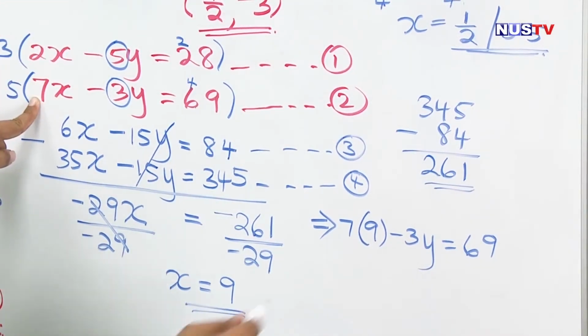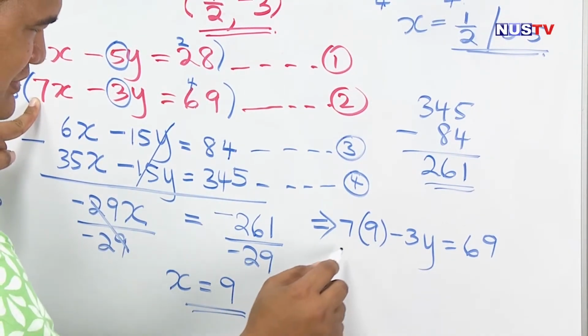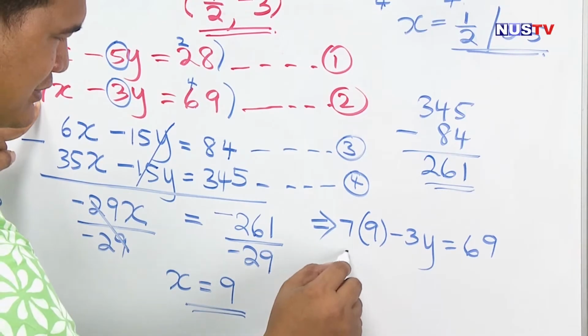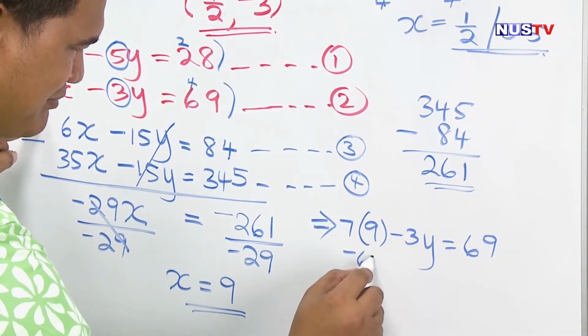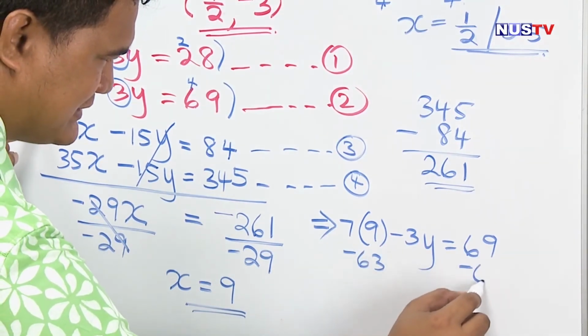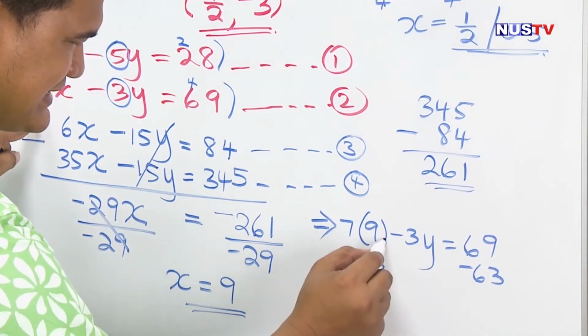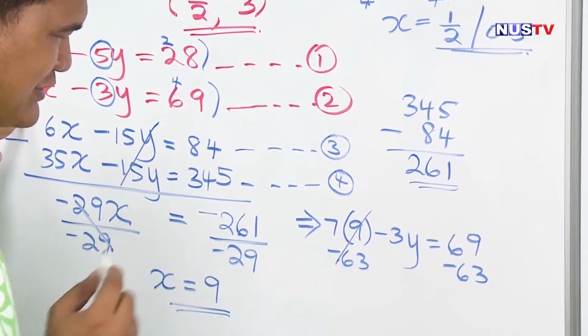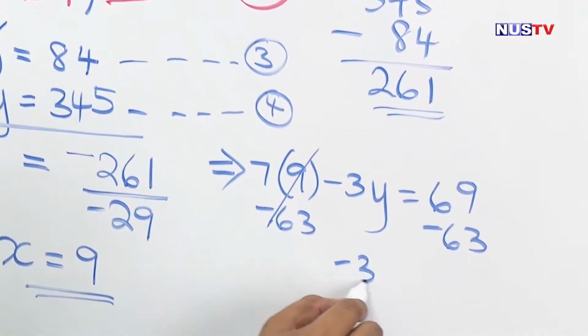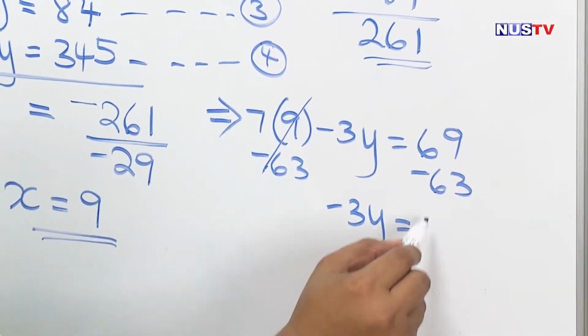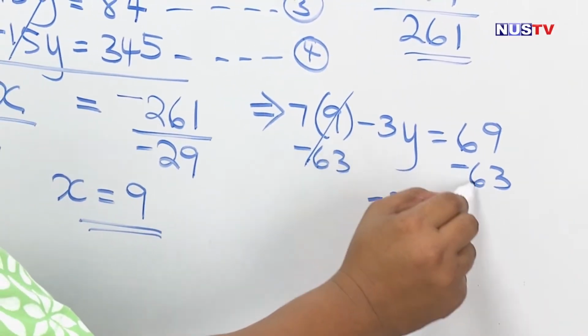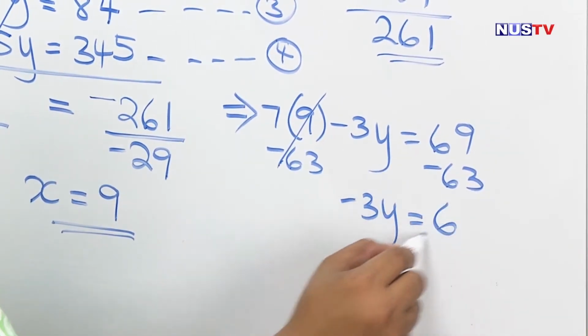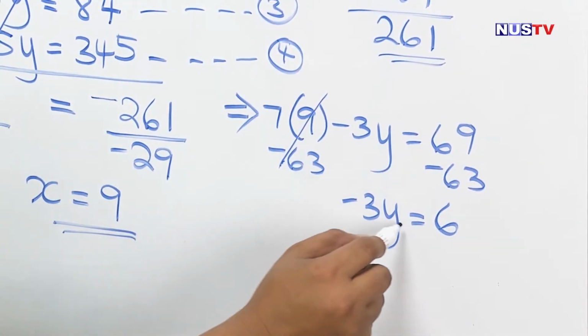So 7 times 9 is equal to 63. So let's minus 63 both sides. So this 63 minus 63 will cancel out. Then we have negative 3y is equal to 69 minus 63. The answer will be 6.